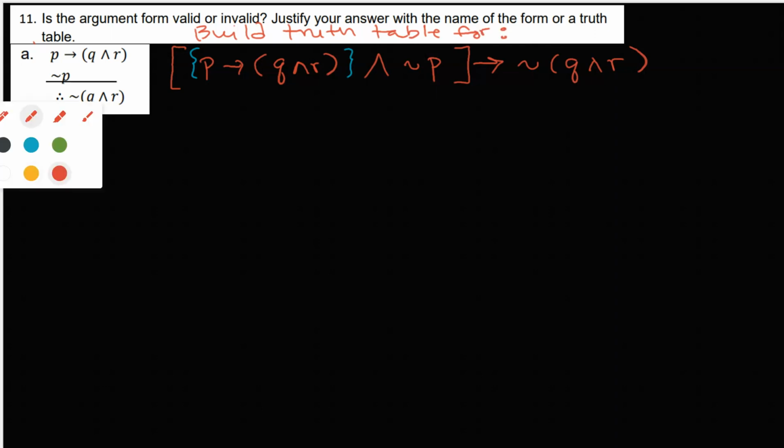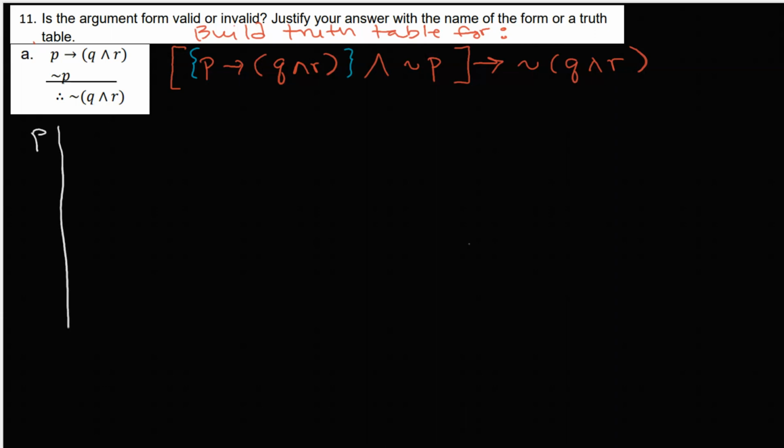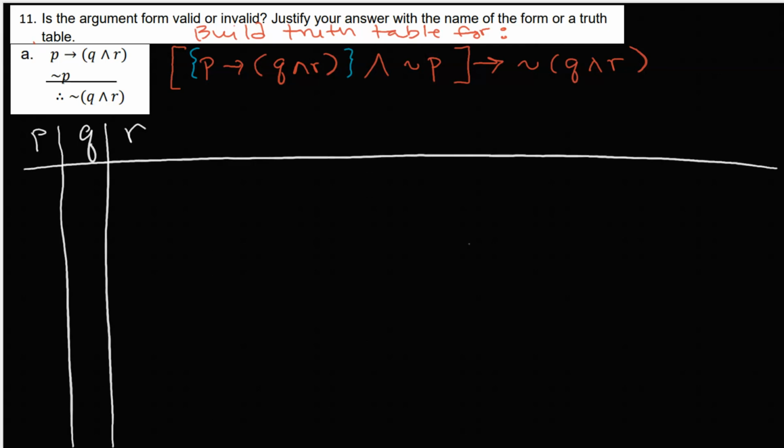Okay, so here we go. In order to build a truth table, we think about our simple statements. We have three of them: P, Q, and then we have R. So we have 8 possibilities of truth combinations. And then to list out the order, I would go inside first, parentheses first, right?